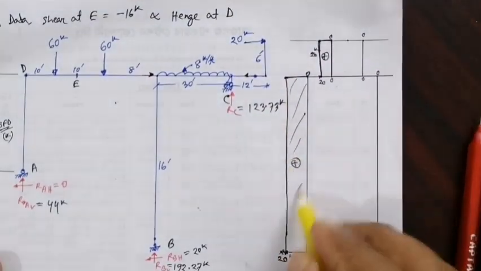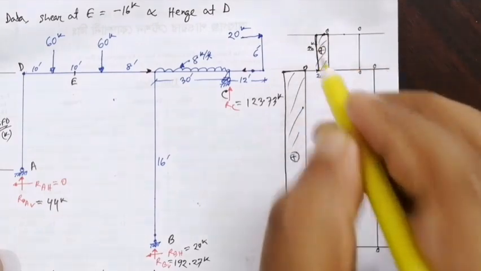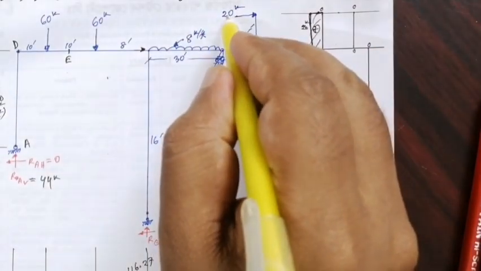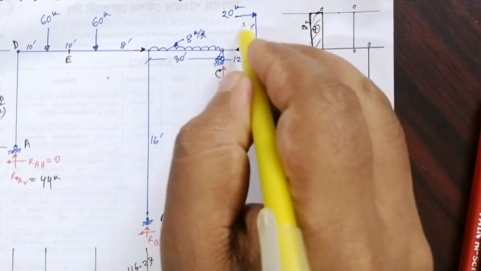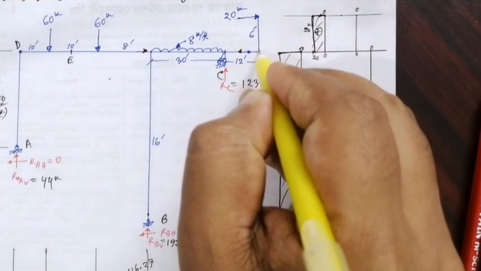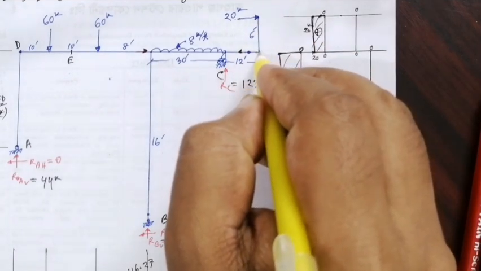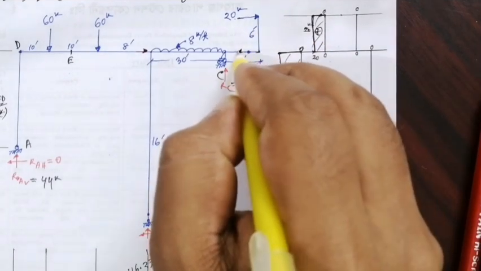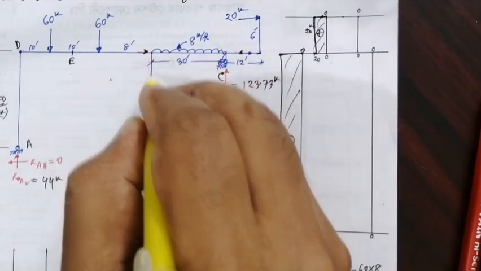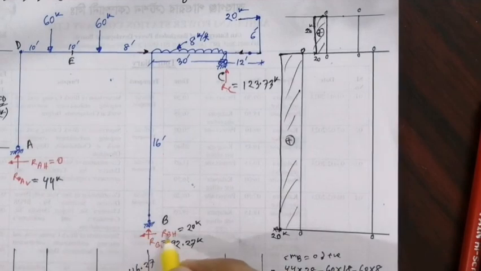So this is our diagram. Actually, here only a 20 kip force is transmitted this way, comes to here and is balanced by this 20 kip, and that is balanced by this 20 kip.